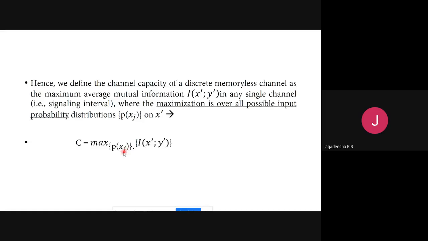How to represent this? If you have some probability for input, for example, in a binary scenario, this xj value is either 0 or 1. In one instance xj is 0, and in another instance it can be 1. If it is 0, then you find out the value of the mutual information.